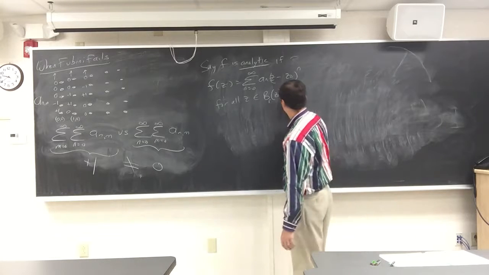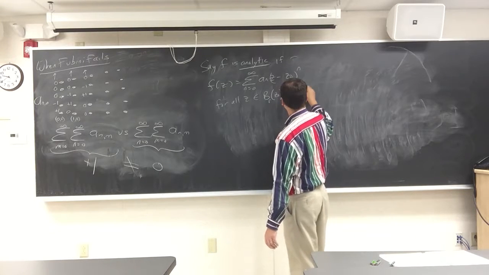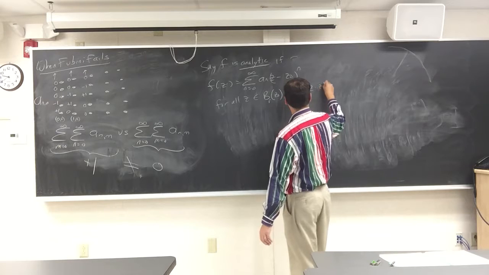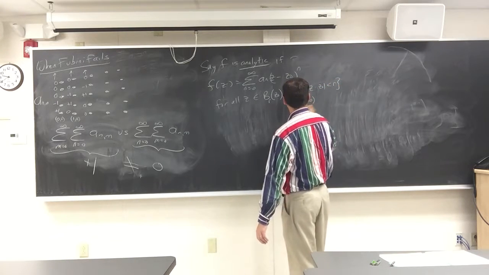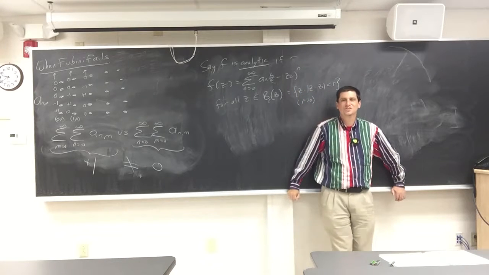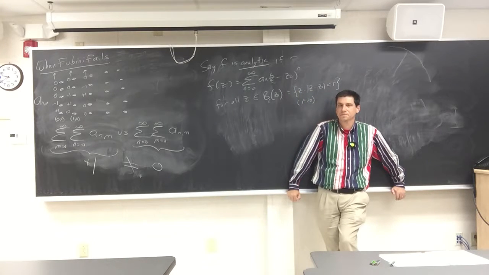This will be the set of all z such that |z minus z naught| is less than r. Let's take r to be greater than 0, so it's worth talking about.